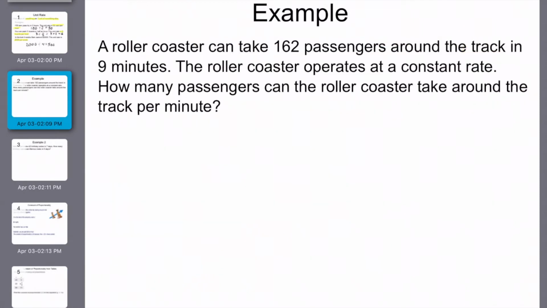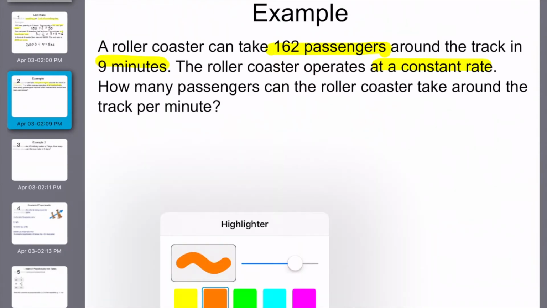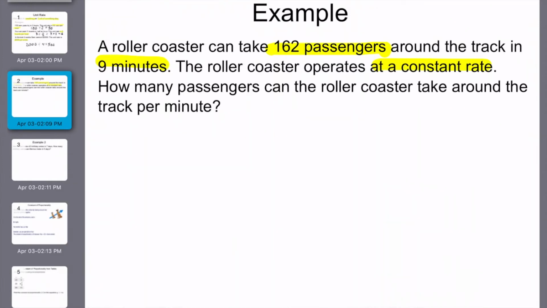A roller coaster can take 162 passengers around the track in 9 minutes. It operates at a constant rate. They want to know, and let's change up the color for this, let's go to orange, how many passengers can the roller coaster take around the track per 1 minute?